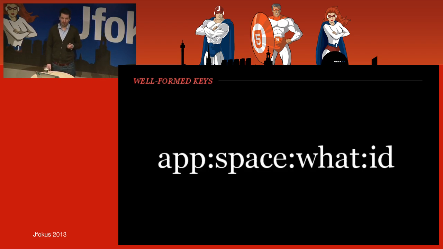Keys are, of course, central in a key-value store, and good naming of these keys is important. What you see here is a good starting point for a key name. You can call it a URI or namespacing. First we have the name of the application. Then we have the space within that application, domain or whatever you call it. Then you have what you are storing, then an ID.